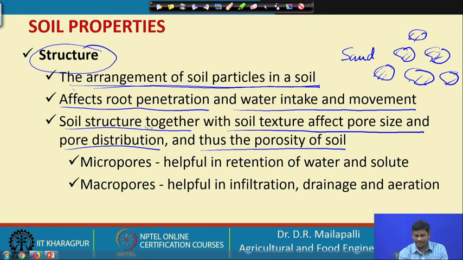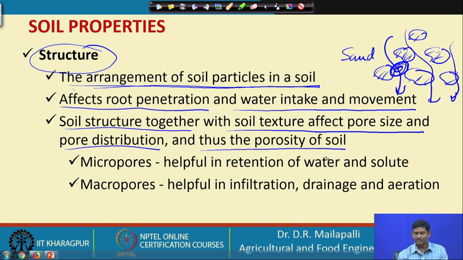If you have a soil structure where these particles are arranged in some fashion, the individual soil texture and the arrangement of the particles influence the pore sizes and pore distribution, and that ultimately influences the water movement.